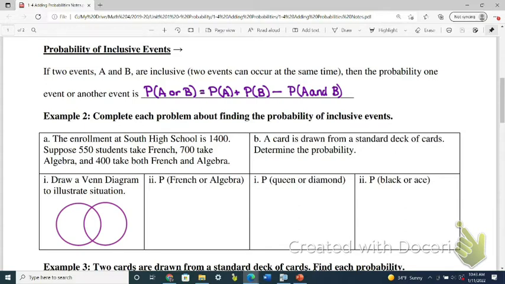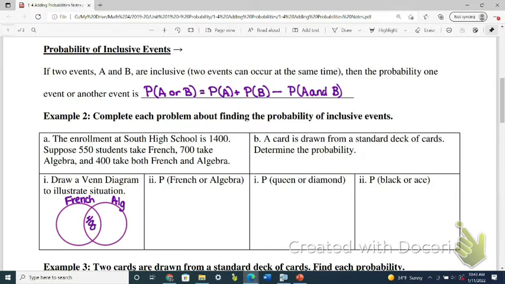So this is my French. Here is the algebra. So there's 400 students that take both. So they have 400 shared.